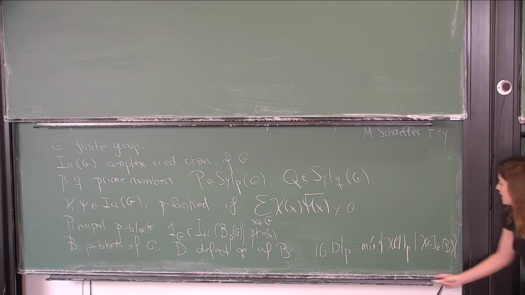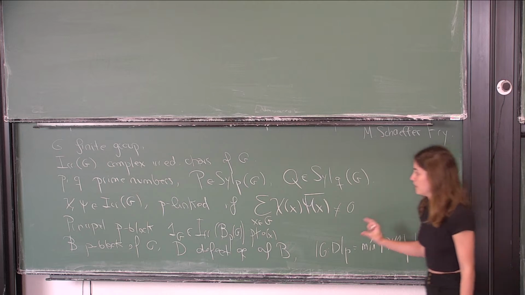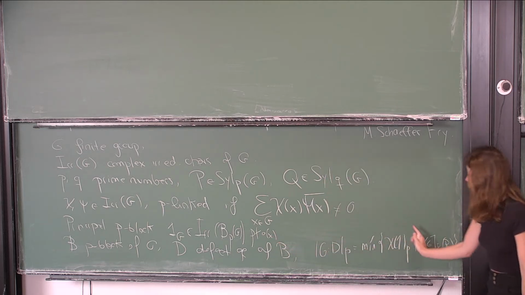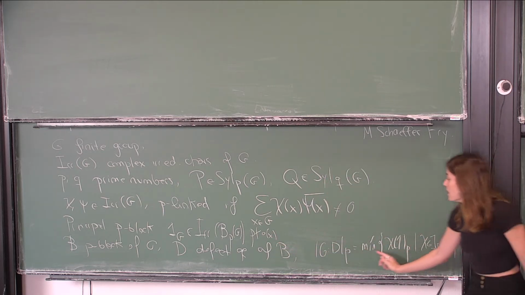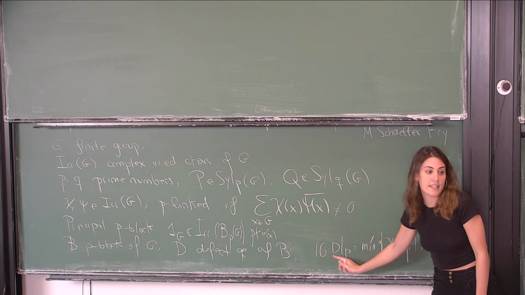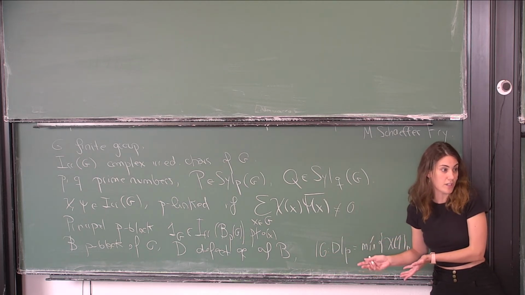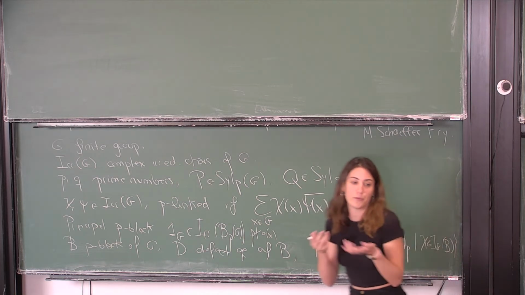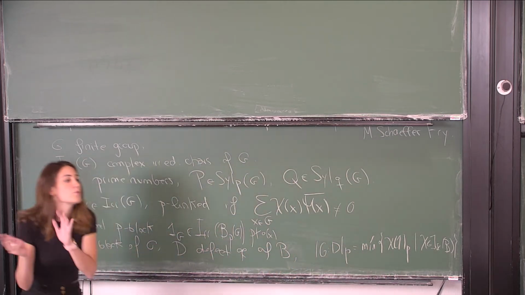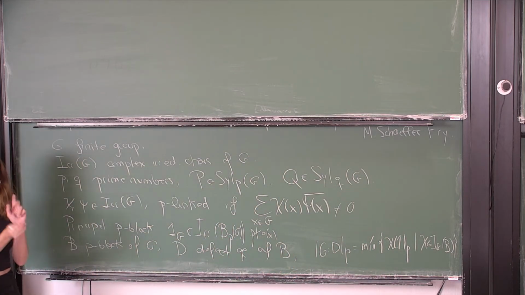The characters attaining this minimum are the height 0 characters. Of course, if we deal with the principal block, we always have a linear character here, the trivial one, so this is just 1. So what we are saying is that the defect groups of the principal block are the Sylow p-subgroups of G. That's why it's natural, when we deal with questions of Sylow p-subgroups, to go to the principal block and try to study what happens in there.